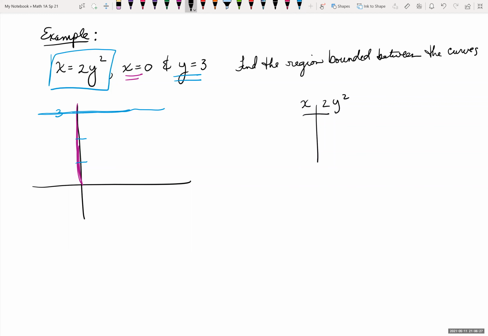If y is 0, 2 times 0 squared, x is 0. So I have a point here at (0, 0). If y is 1, my x value is 1 squared is 1 times 2 is 2. So I have a point at (2, 1).